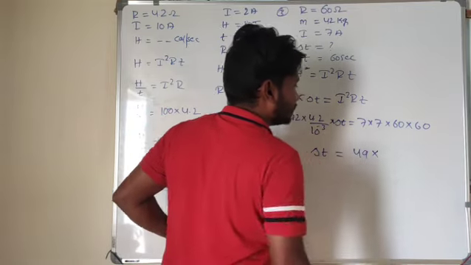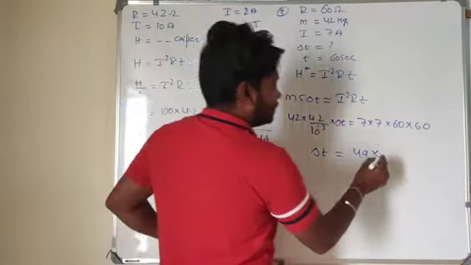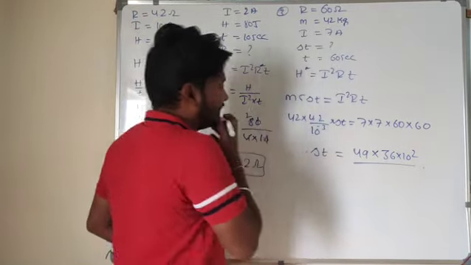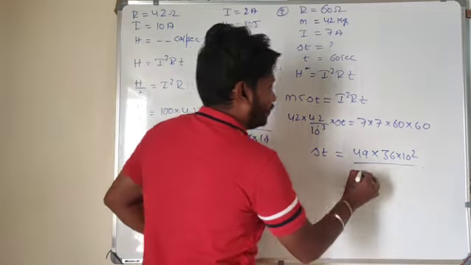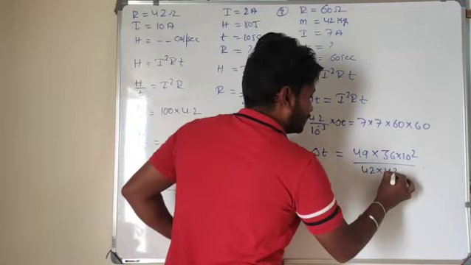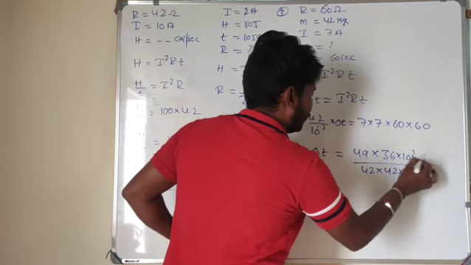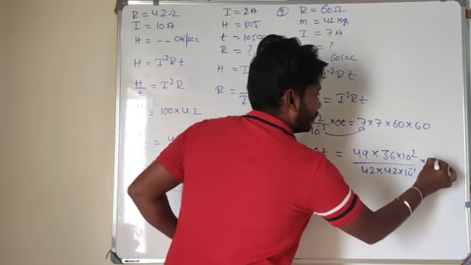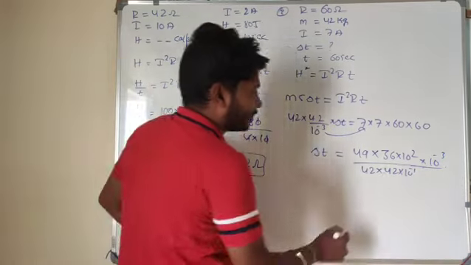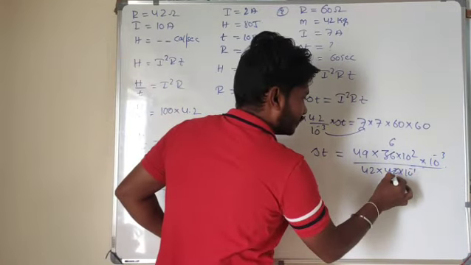7 into 7, 49. 6 into 6, 36 into 10 to the power of 2. Okay, so that is 42 into 4.2, or shall I take this as 42 into 10 to the power of minus 1. Here 10 to the power of minus 3 is there. So let me simplify this one.